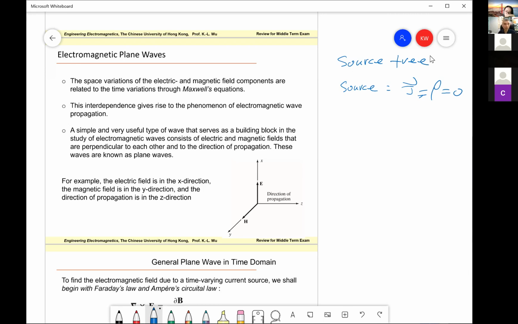Then we find a simple solution: we have an electric field polarized in the x direction. When we say polarized, we mean how this vector changes with time.